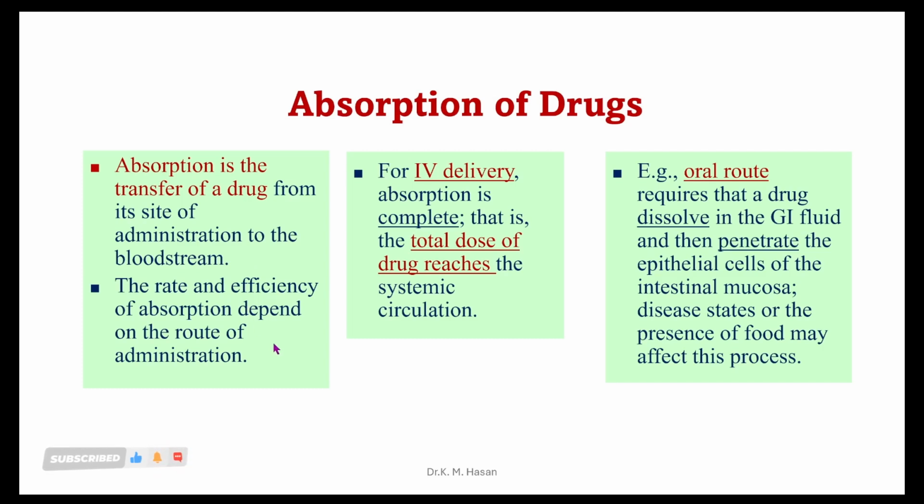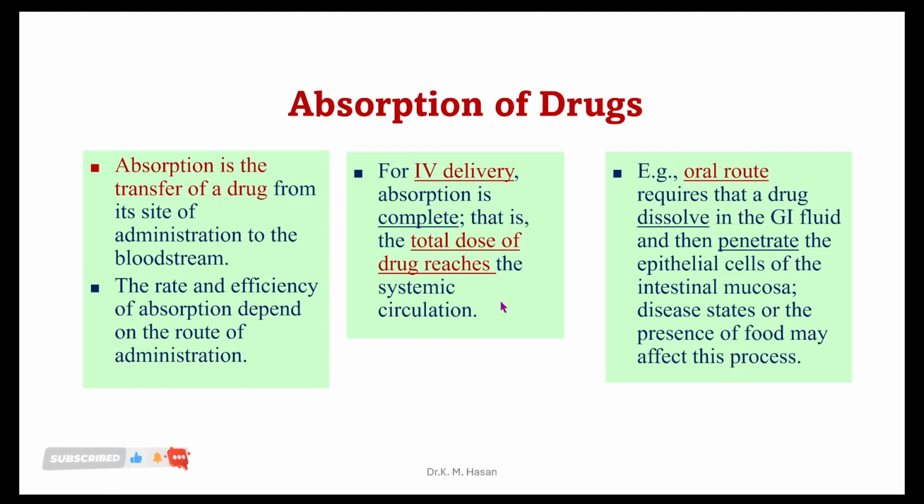They said the rate and efficiency of absorption depend on the route of administration. What that means for us is, if you prescribe the medication IV, the absorption will be 100%. The entire medication will arrive to the bloodstream. The total dose of the drug will arrive to the systemic circulation.